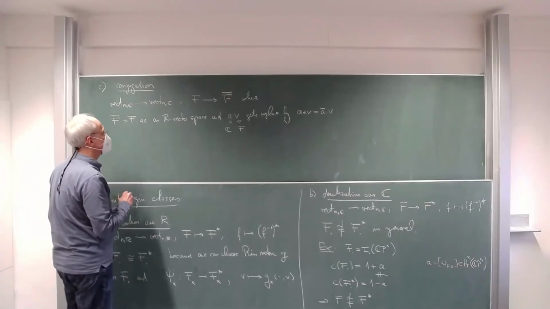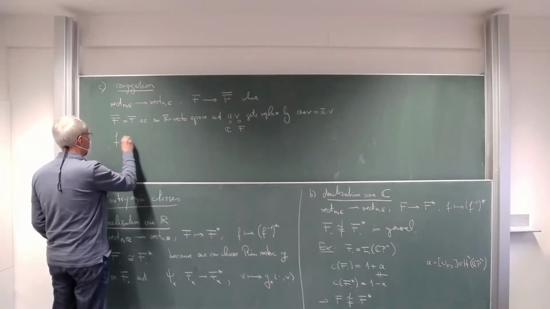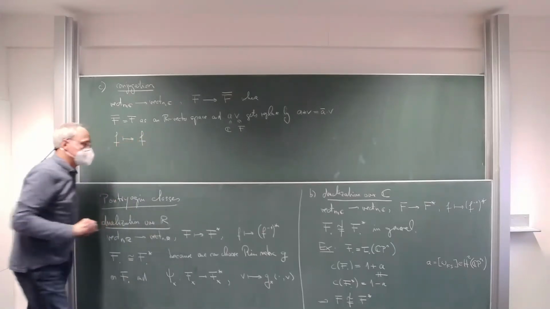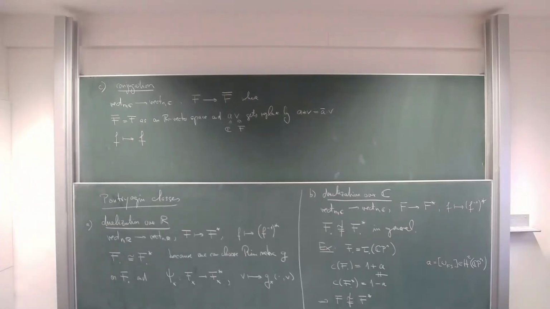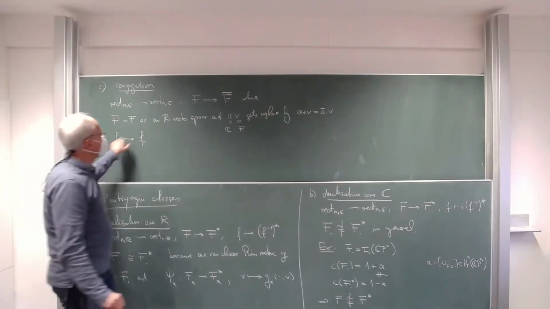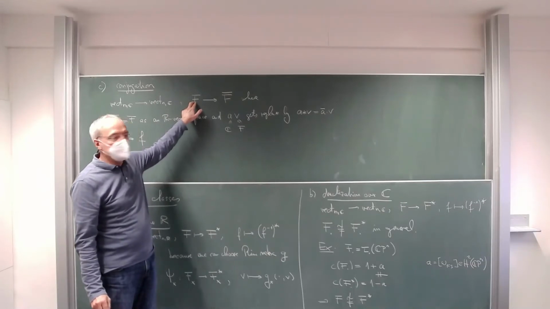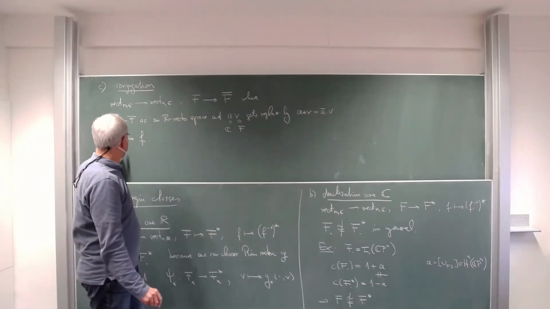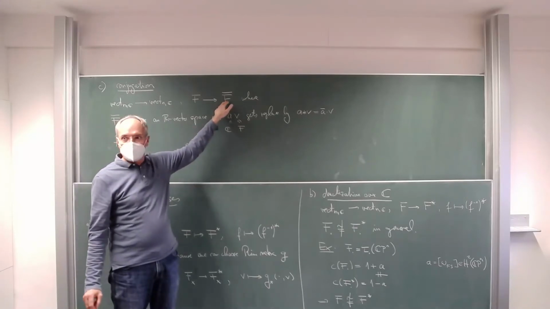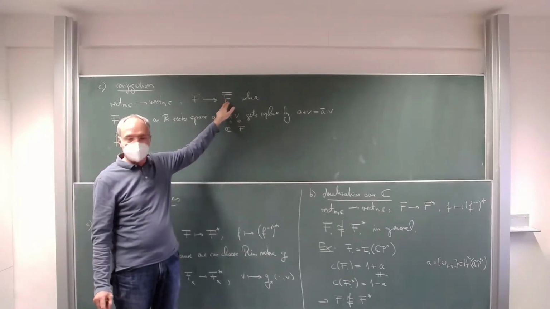What happens to morphisms? Well, morphisms do not get modified, because if f is a linear map from F to some other space, then it will also be linear from F bar to the bar of the other space.